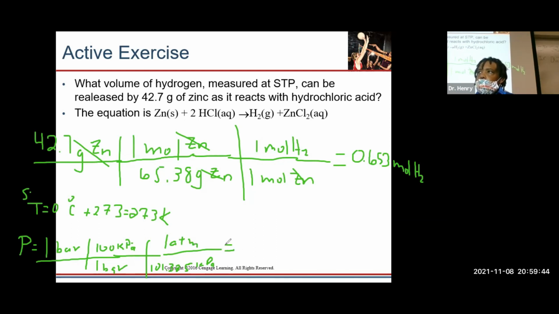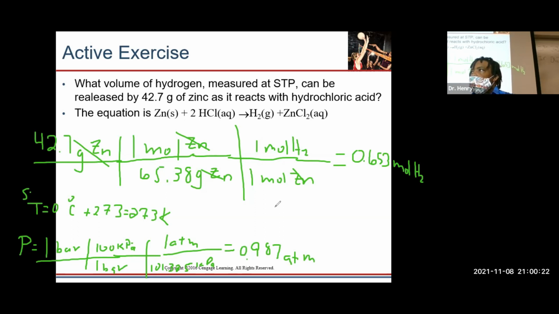So 1 bar is going to equal, sorry, not 1 ATM, 0.987 ATMs. Okay, so now I have pressure, right?